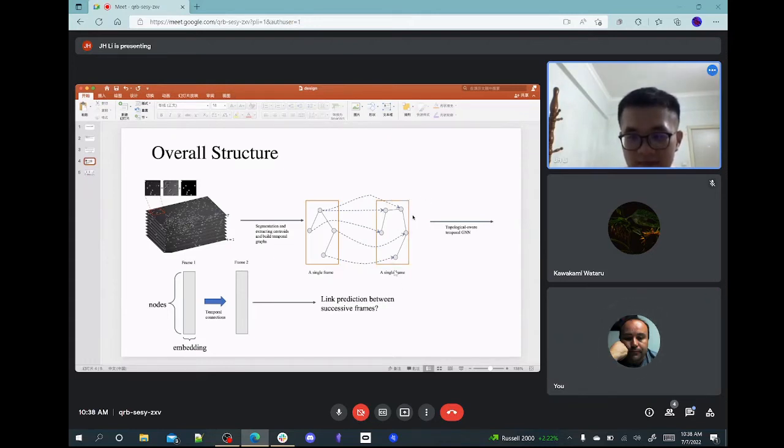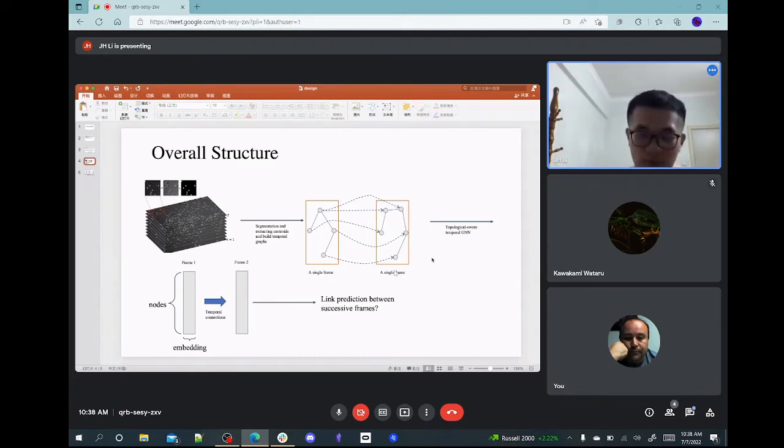But actually, I think it is not our most important point here, because our point is how to model such a graph in a single frame. Yes, we can discuss it, but it's not our most important point.